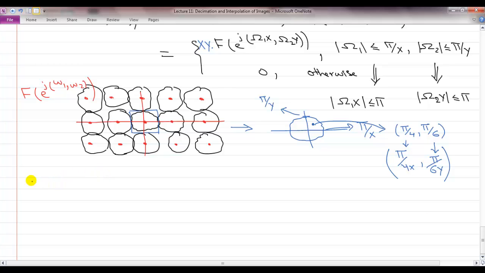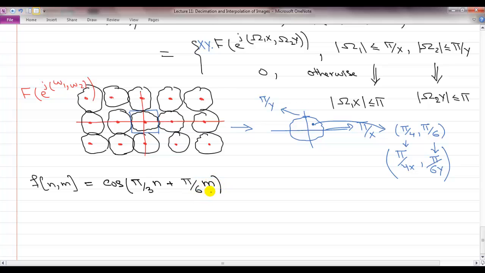So let's take the example of a sinusoid f[n, m] equals cosine of pi by 3 n plus pi by 6 m.